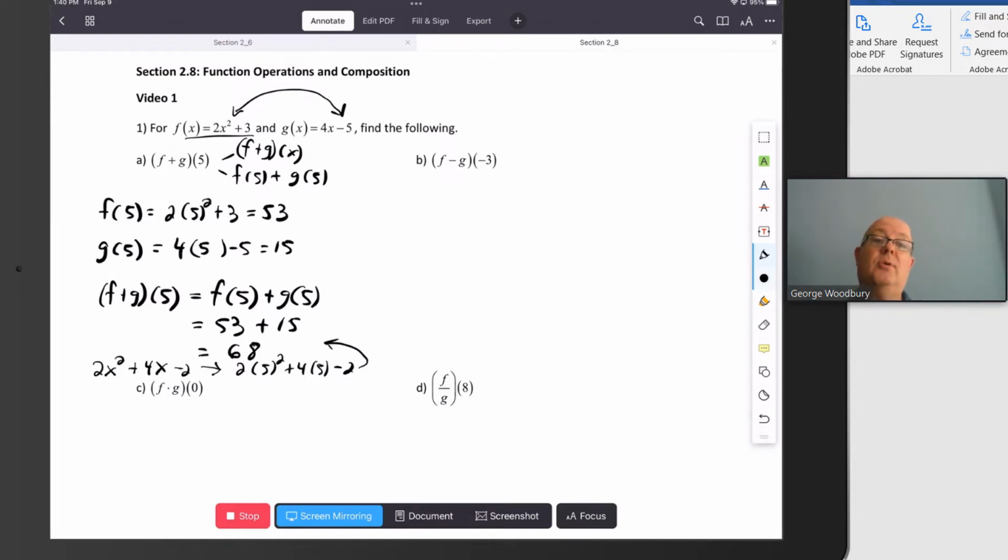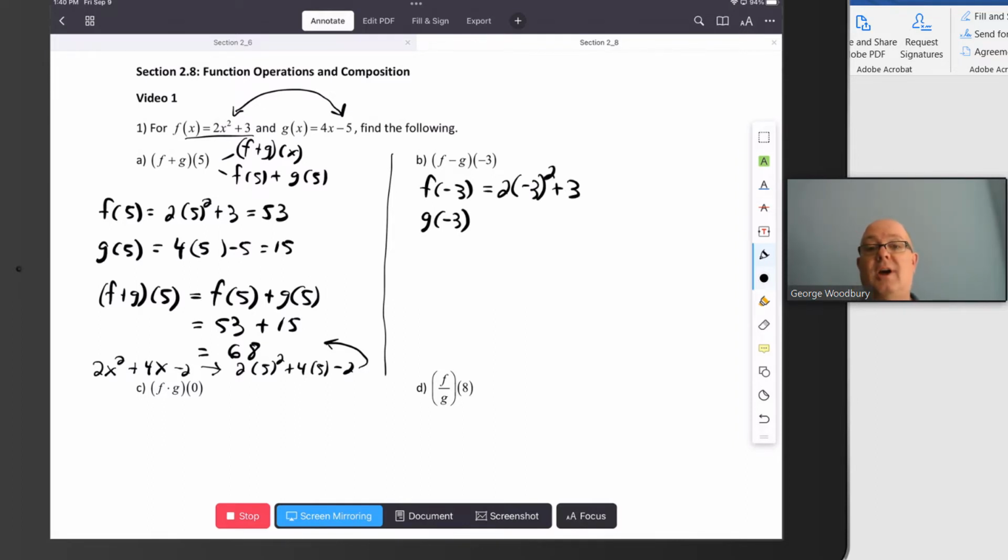But for this example, and the rest of them, I'm going to do the individual functions first and then the operations second. Part B, we're looking for f minus g of negative 3. So I need to find f of negative 3 and g of negative 3, and then I'll subtract those two results. Substitute negative 3 into the formula. 2 times negative 3 squared plus 3.